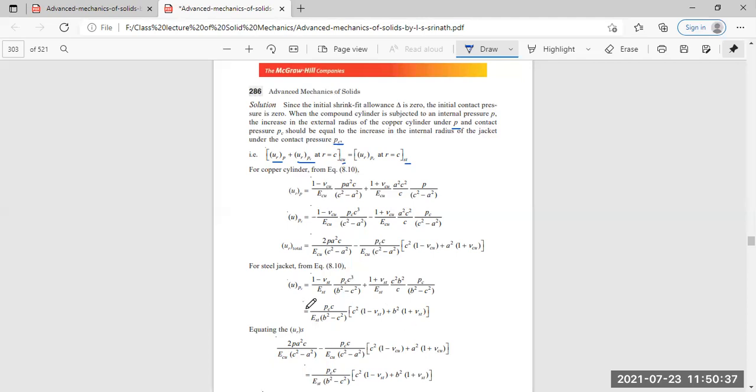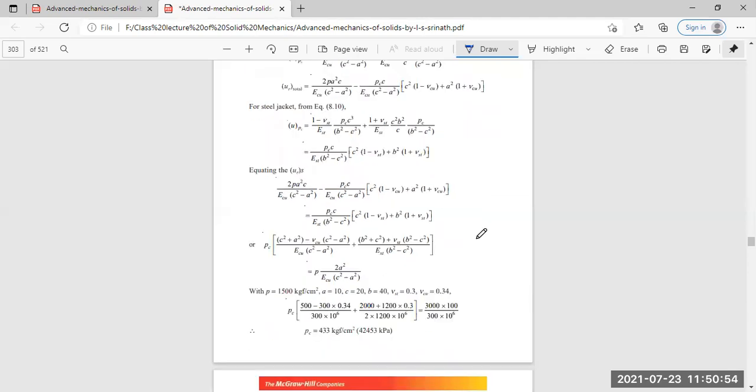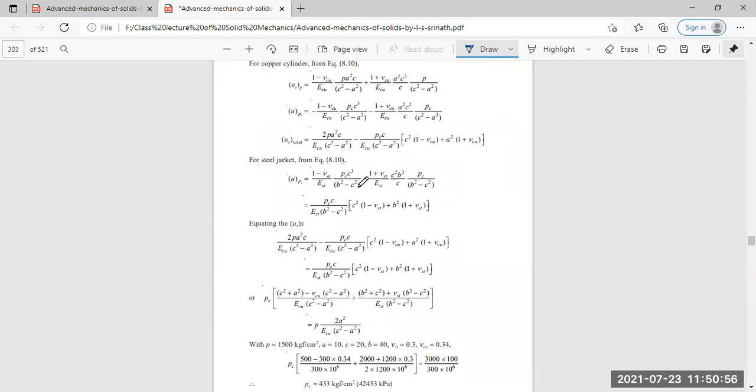So the radial displacement of the steel tube, this is the steel jacket, will be equal to these two portions together, this one and this one.